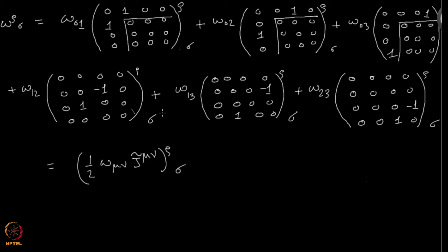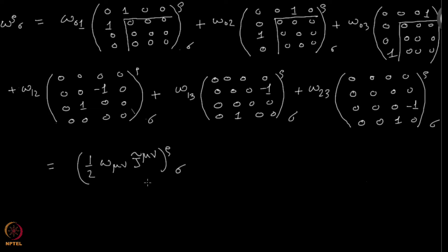But note that mu and nu do not label the entries of these matrices. Mu nu labels which matrix you are talking about, whether this matrix or that matrix or that matrix. The entries are labeled by the indices rho and sigma. That has to be kept in mind.